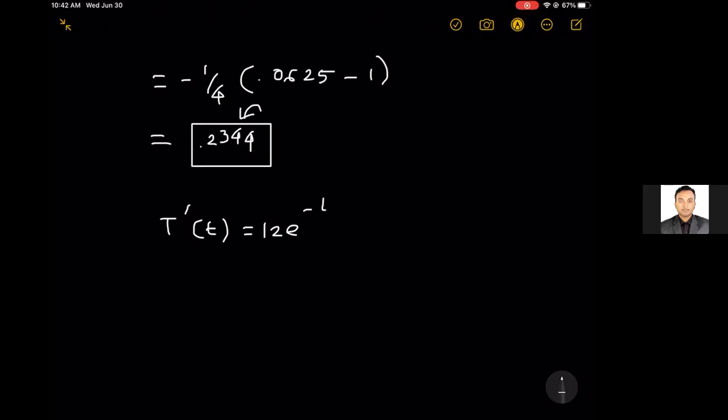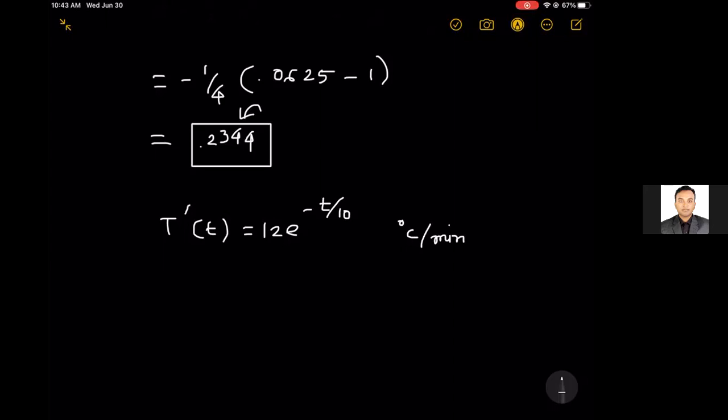e to the negative t over 10, and obviously it's the rate, so it would be degrees Celsius per minute. It's not in Fahrenheit, it's in degrees Celsius. So that's the rate it's changing, or it's increasing precisely, 12e to the negative t over 10.